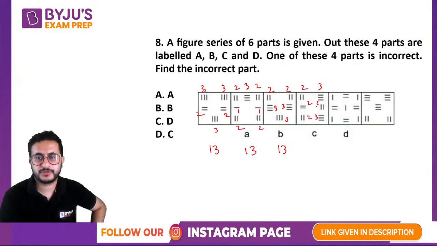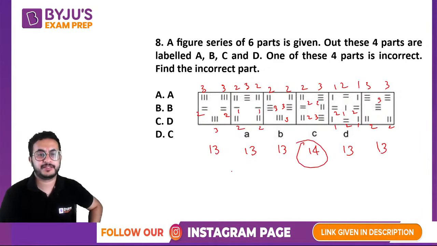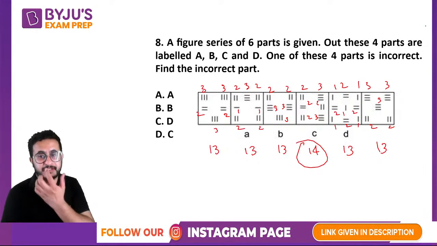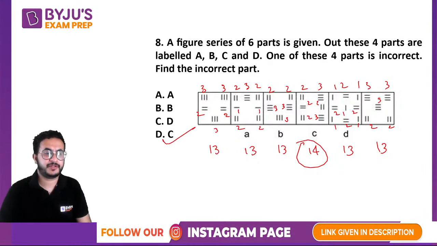Okay, so these are 14 lines. 1 2 1 2 1 2 and 1 2 1, 4 4 5, 13. Okay, and 3 3 3 2 2. So 9 plus 4, 13. Right, so this image has 14 lines. All others have 13 lines. This has 14 lines, so hence it is the odd one out.